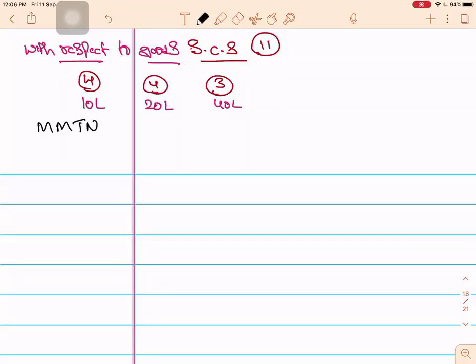And the other four with the 20 lakhs limit: Arunachal Pradesh, Meghalaya, Sikkim, and Uttarakhand.